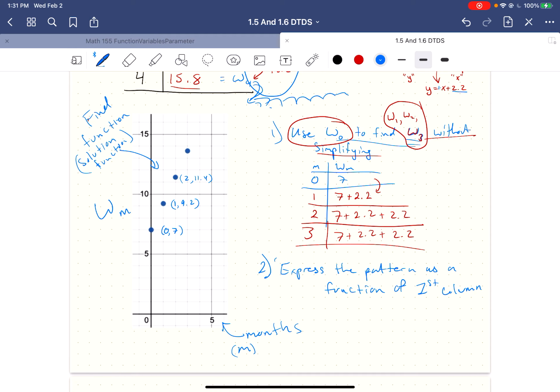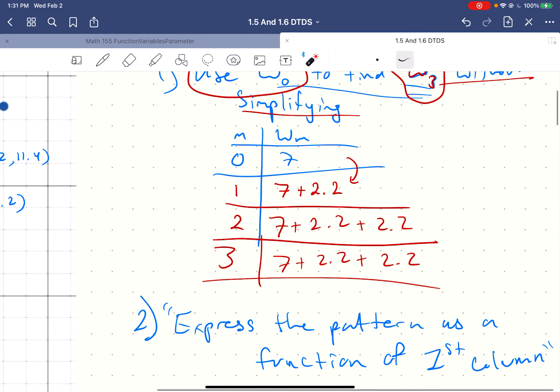Okay. And again, these are kind of just weird, vague steps, but hopefully it'll make sense with the demonstration. All right, so there's a pattern going on. There's this sort of increasing progression. Oh, I didn't write the last plus 2.2. I need to express that pattern as a function of this first column here.